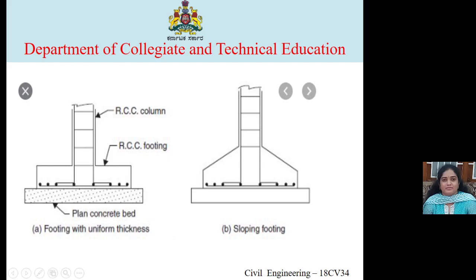You can see the sloped shape here, a sloped footing. The bed is the same here, a 1:4:8 mix. Its thickness varies from 7 to 8 centimeter, or up to 100 mm, which is generally provided in regular practice. So these are the two different types: one is uniform thickness and the other is a sloped footing. We say flat footing and sloped footing; you might have heard these terms.